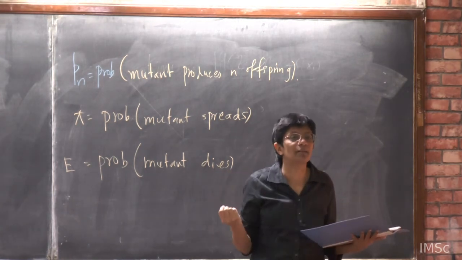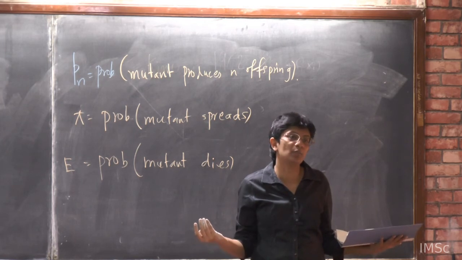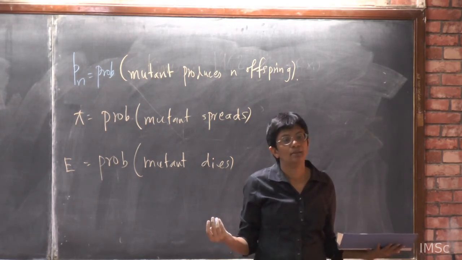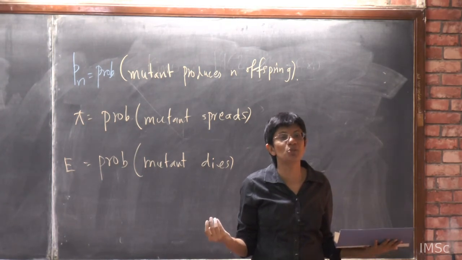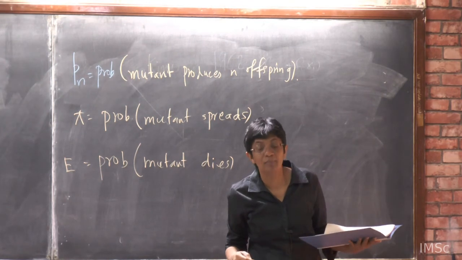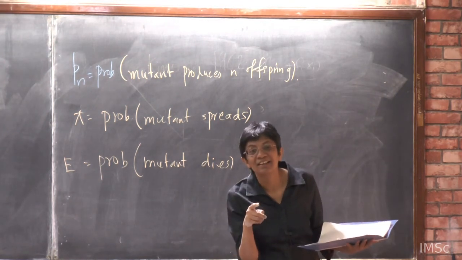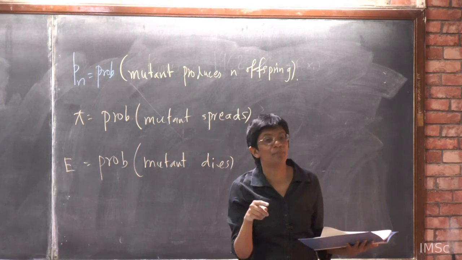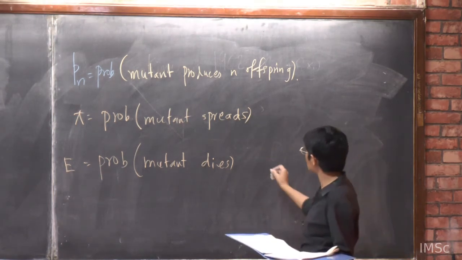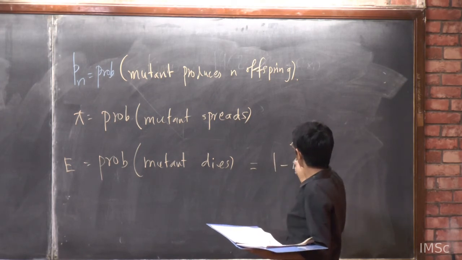Pi is the probability the mutant spreads, and E is the probability it dies. What's the relationship between these two? Yeah, pi plus E is equal to 1. Either you die or you live, right? So E is equal to 1 minus pi.